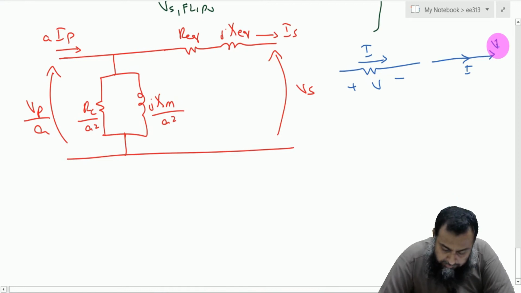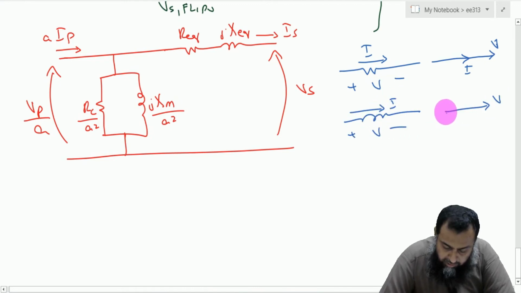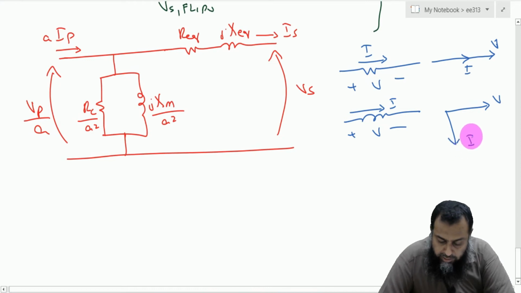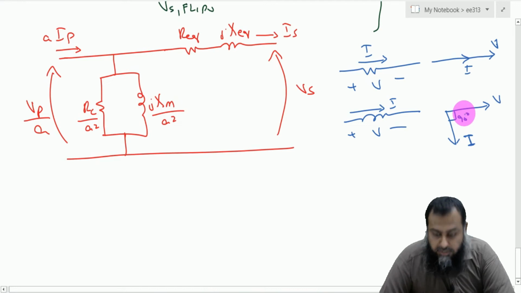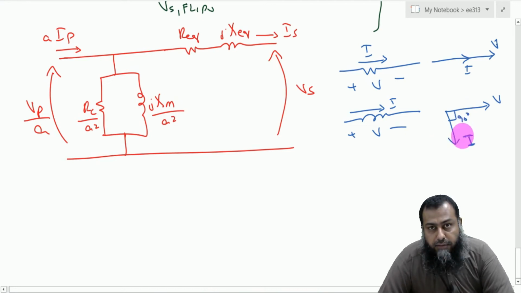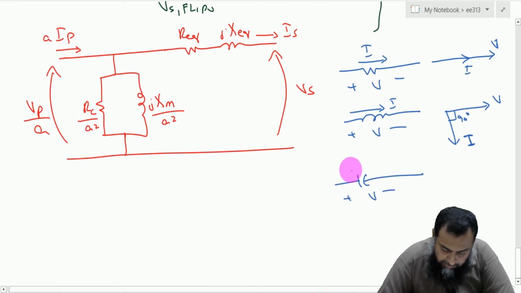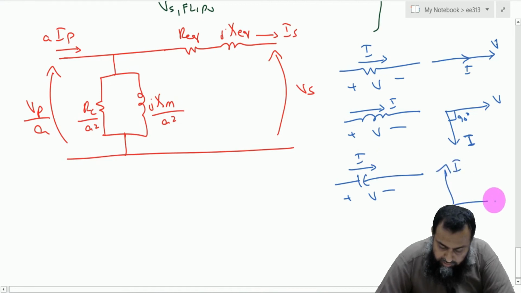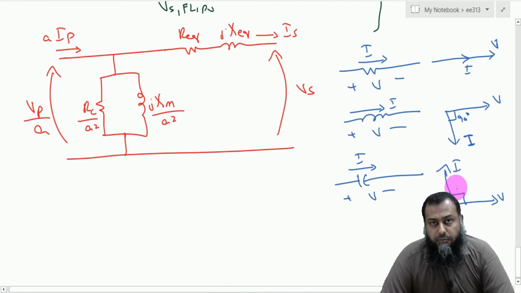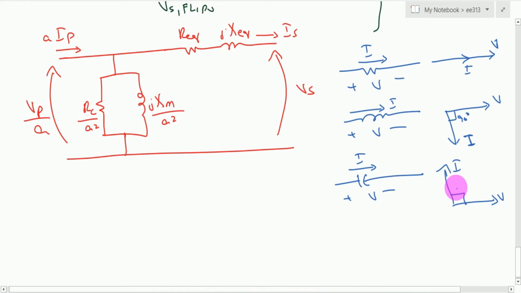For an inductance, in an ideal 100% inductive circuit, we have a 90-degree difference between the voltage and the current, such that the current lags the applied voltage by 90 degrees. For a capacitor, the current leads the applied voltage by 90 degrees.